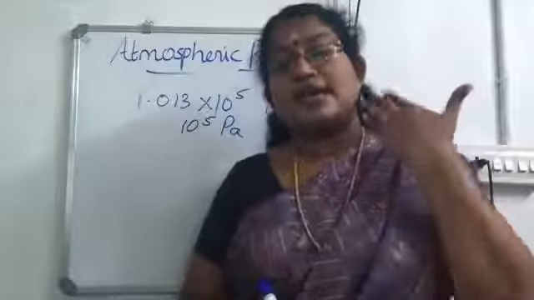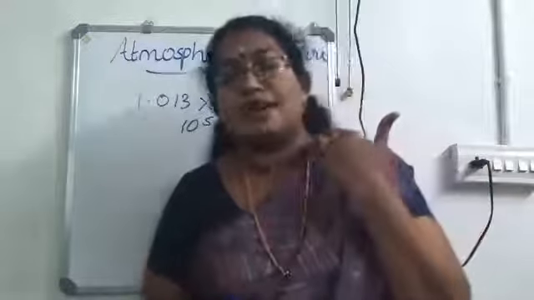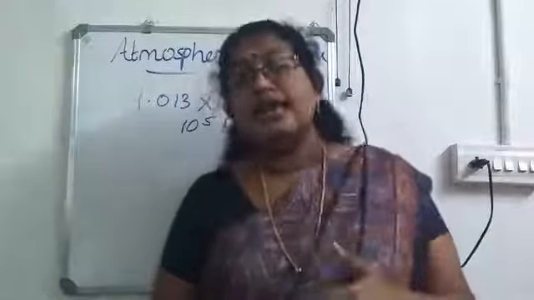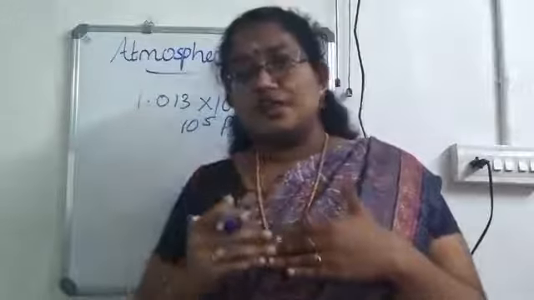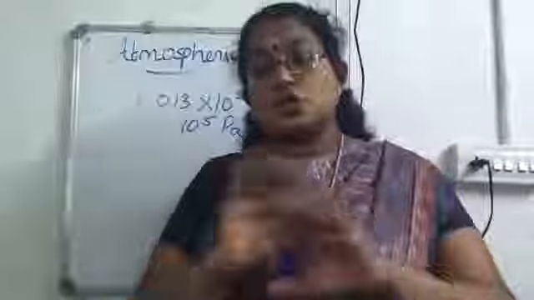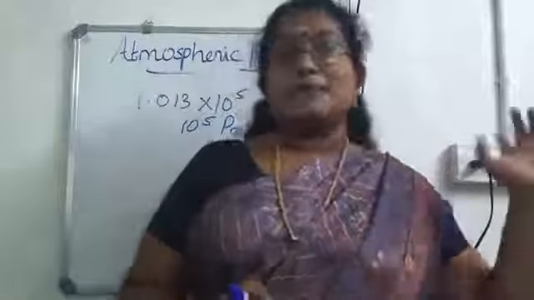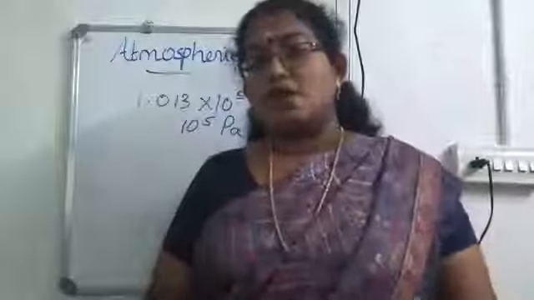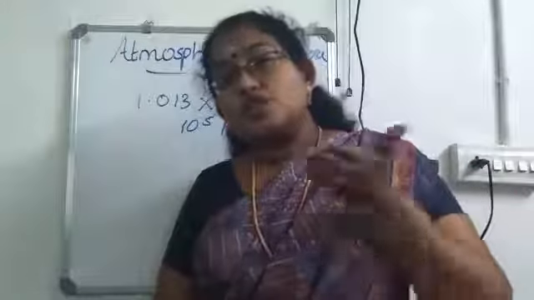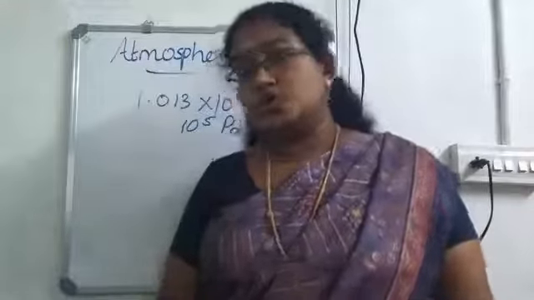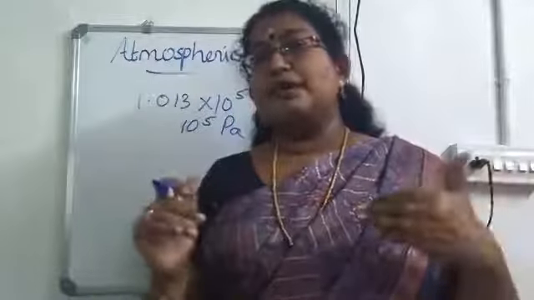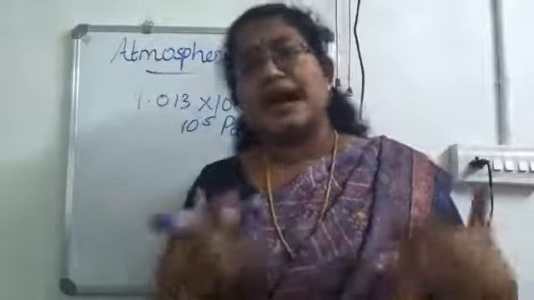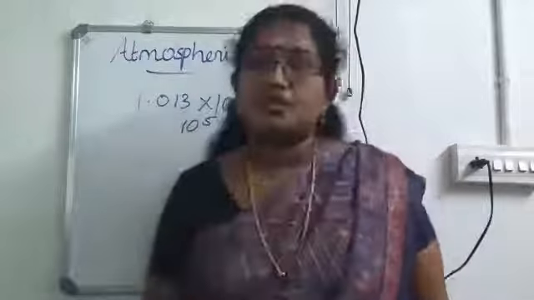When the entire air is removed from the straw by sucking, a low pressure region is created inside the straw. So nothing is there inside the straw, but outside we have the atmospheric pressure. This atmospheric pressure will push the juice into the straw. Always there will be a push from a high pressure region to a low pressure region.